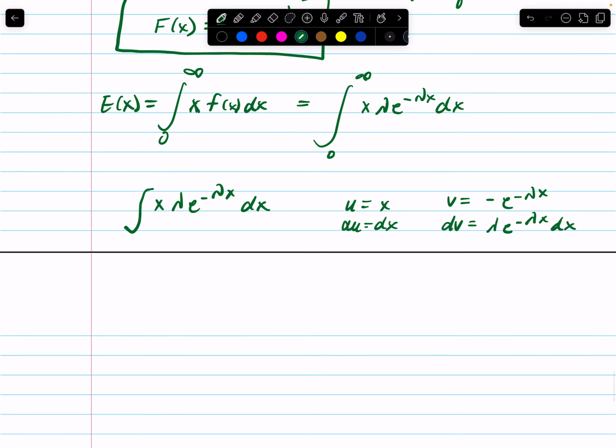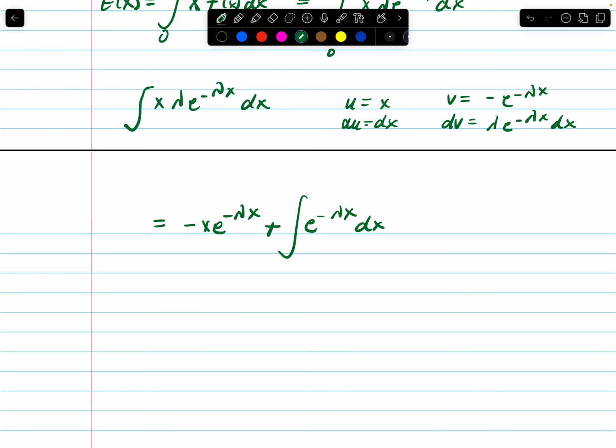All right, so then this indefinite integral becomes u times v, or negative x e to the negative lambda x, minus the integral of v, so that's now a plus, e to the negative lambda x dx. And that one's a simple integral, so my final indefinite integral becomes minus e to the minus lambda x over lambda. That's it.